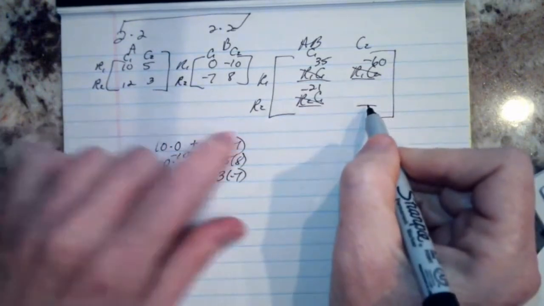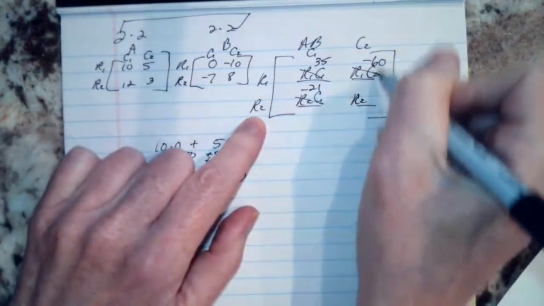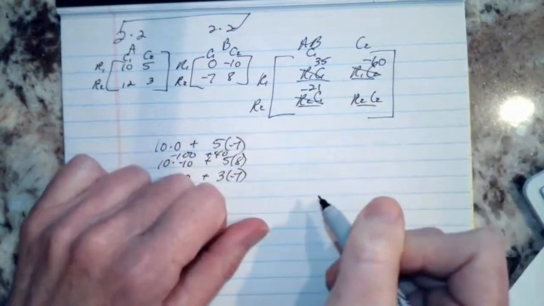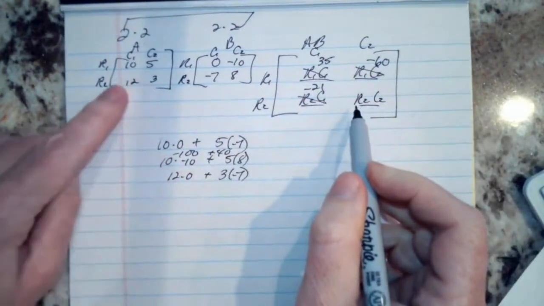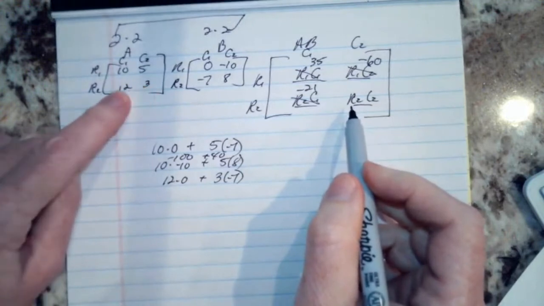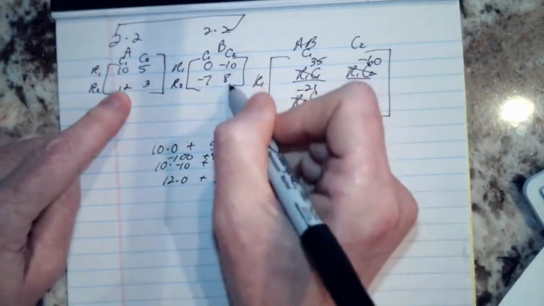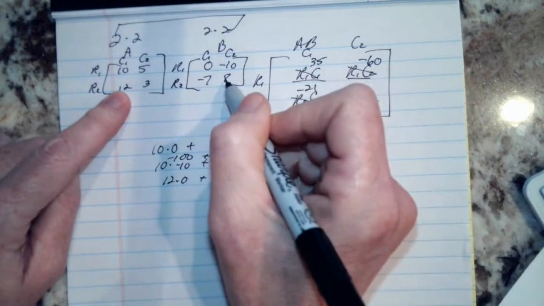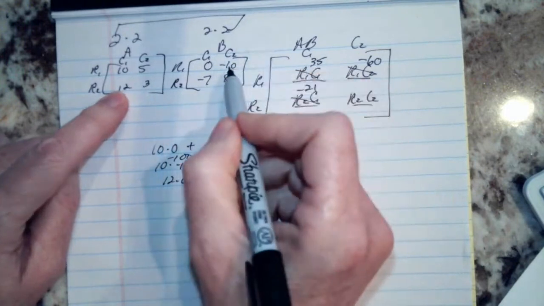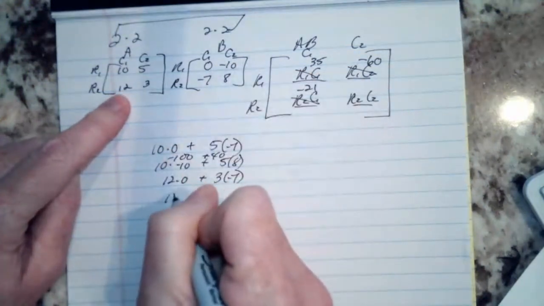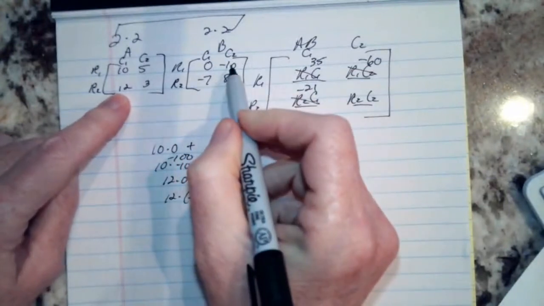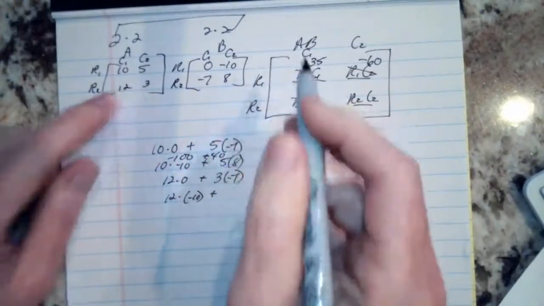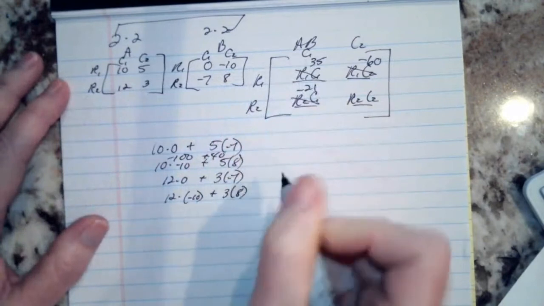And then finally, this position is created by row 2, column 2. So on the first matrix, I'm going to look at row 2. And on the second matrix, I'm going to look at column 2. So I'm going to go 12 times -10 plus scoot to the right, scoot down, 3 times 8.